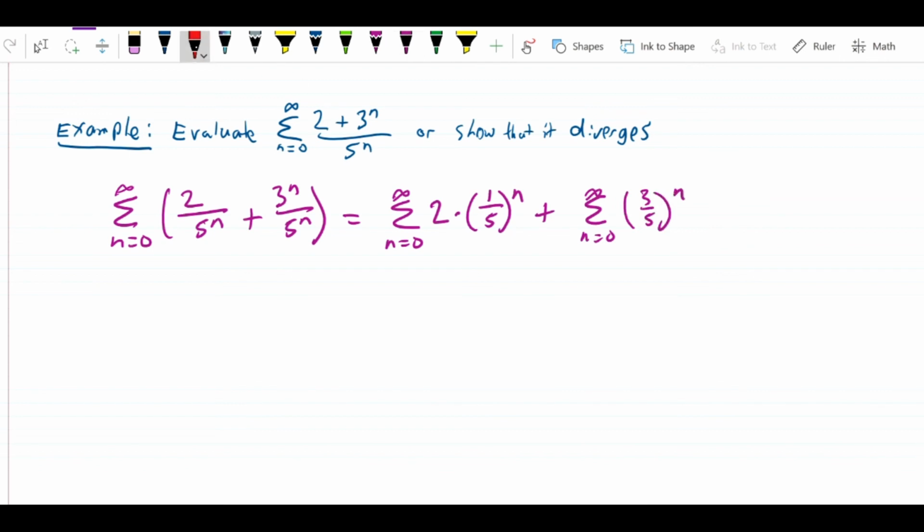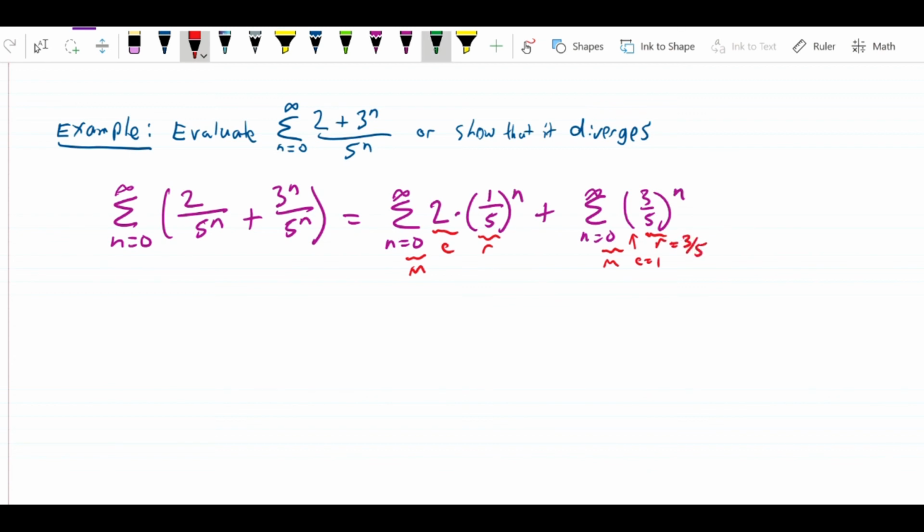So in this case, we know that m is 0 for both of these summations. In the first, we have c is equal to 2 and r is equal to 1/5. Here we have c is equal to 1 because there's nothing being multiplied by the 1/5, and we have r is equal to 3/5.